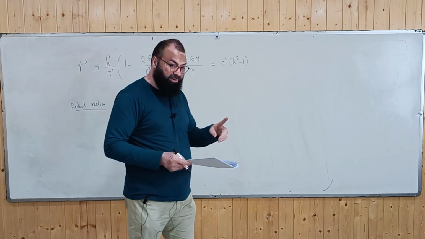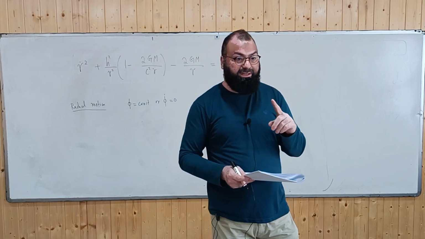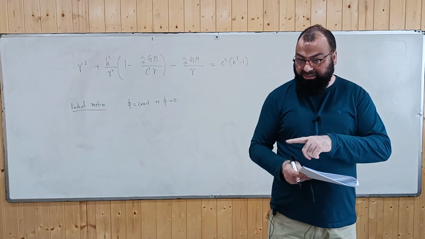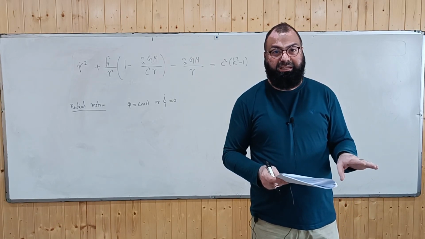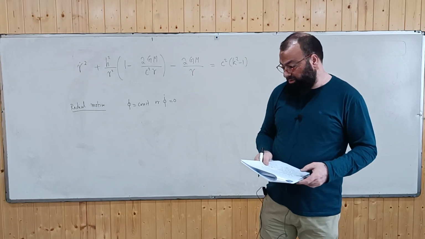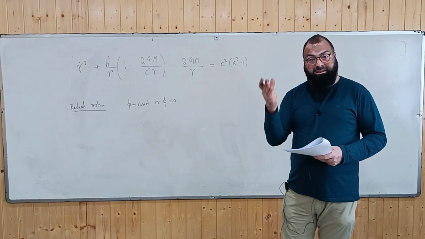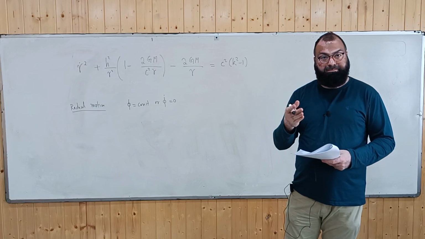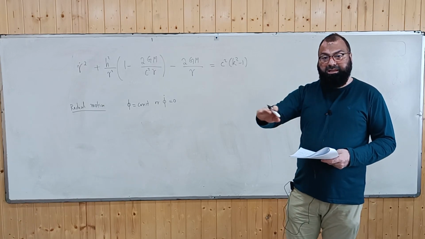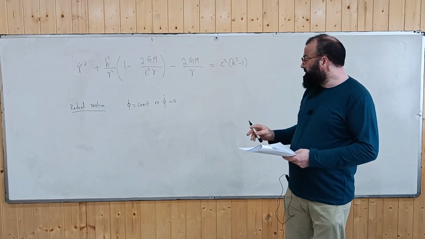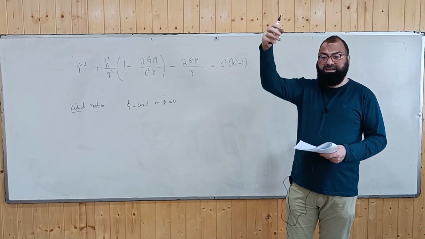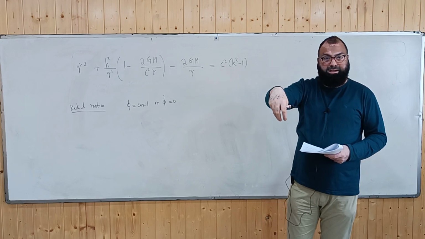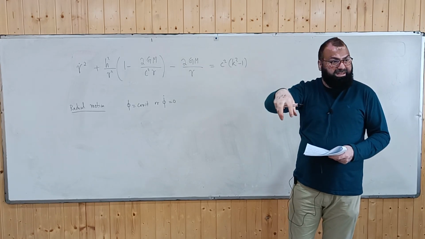One is the t dot equation, remember? Another is the r dot equation, and the third is the phi dot equation. And there is no theta dot equation, clear? Because we are in the fixed theta plane, the equatorial plane. Now when I consider the radial motion, that means there is a radial infall of a particle towards the massive object.